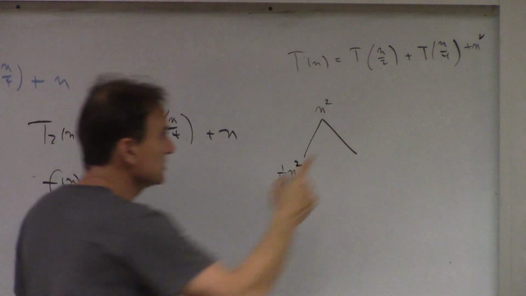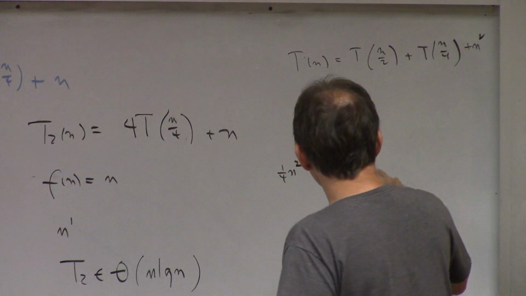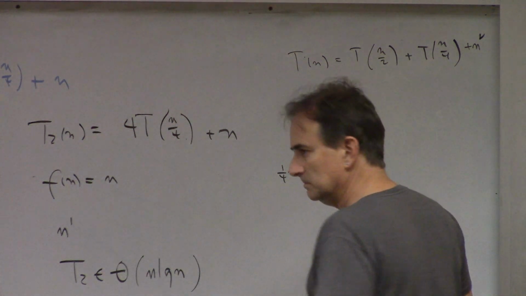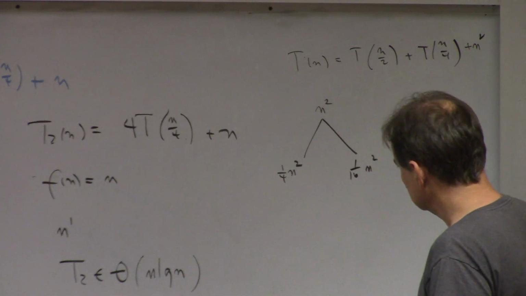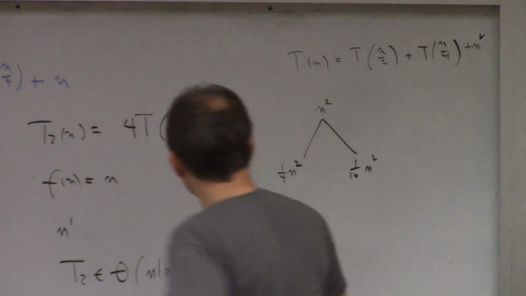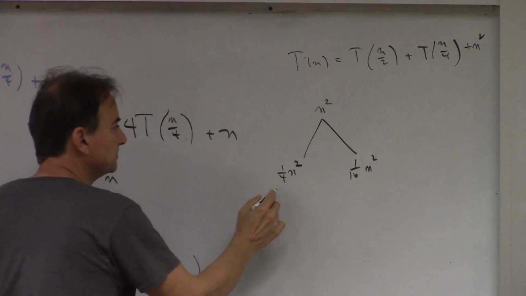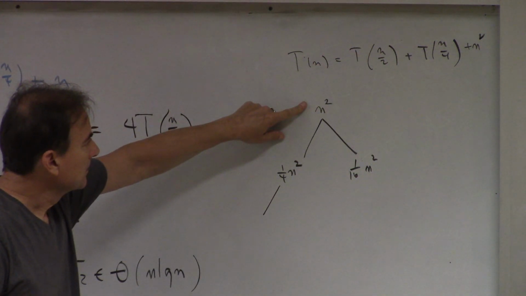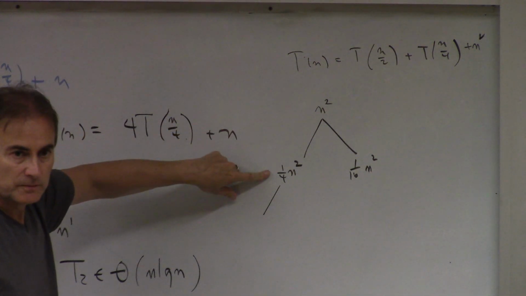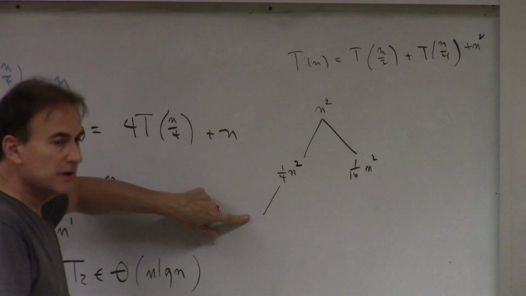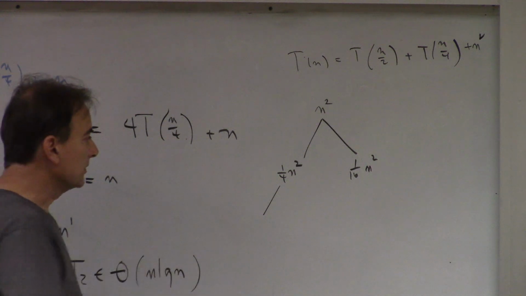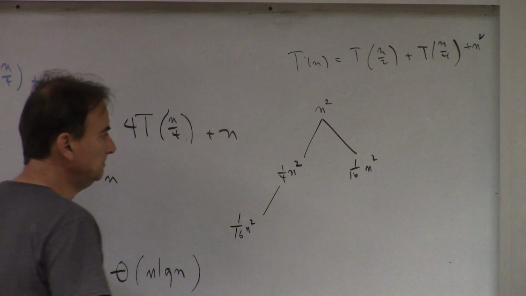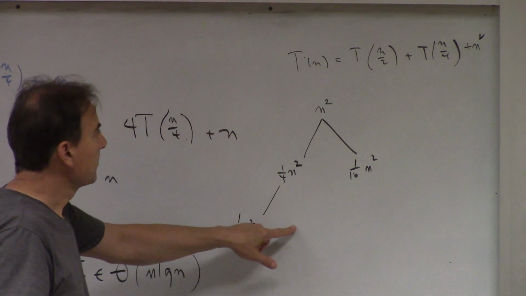And the second branch is going to take n over 4, which is going to be n squared times 1/16. Okay? And here, so this is n. This is n over 2. Now the left branch is going to be n over 4 squared. So this is going to be 1/16 n squared.